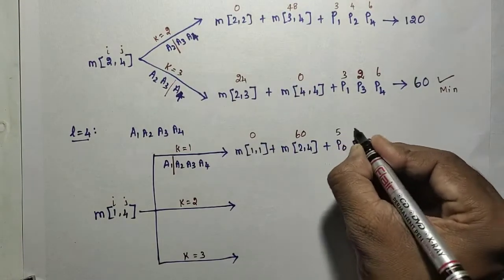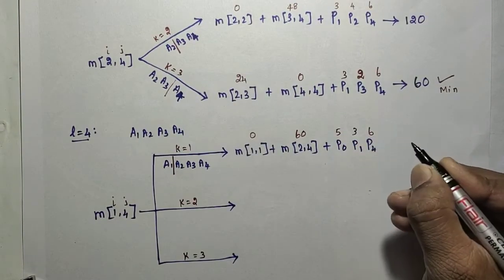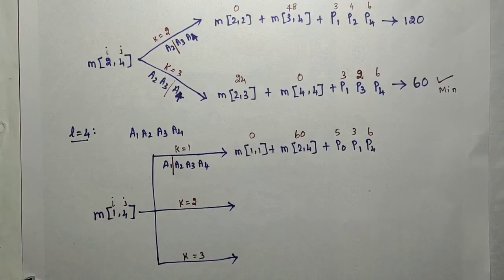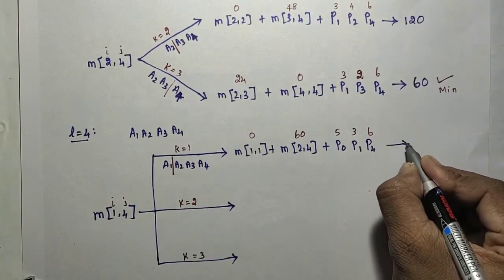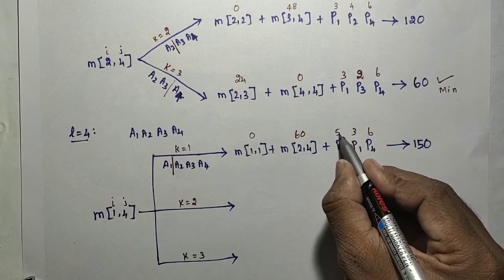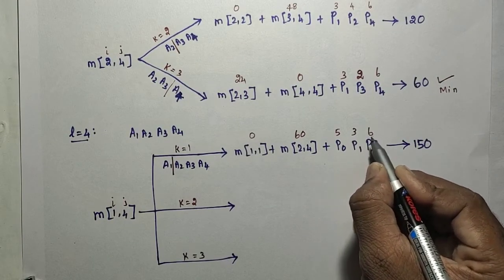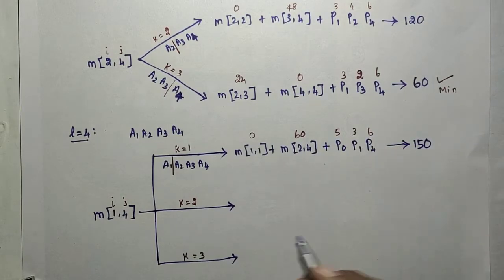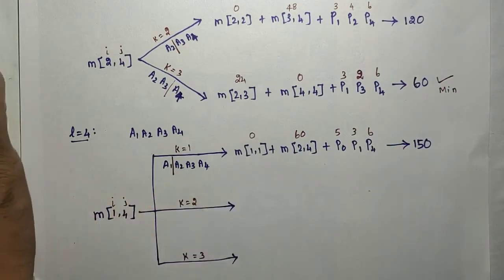So 3 into 5 is 15, 15 into 6 is 90, 90 plus 60 is 150. So that is a possibility here.